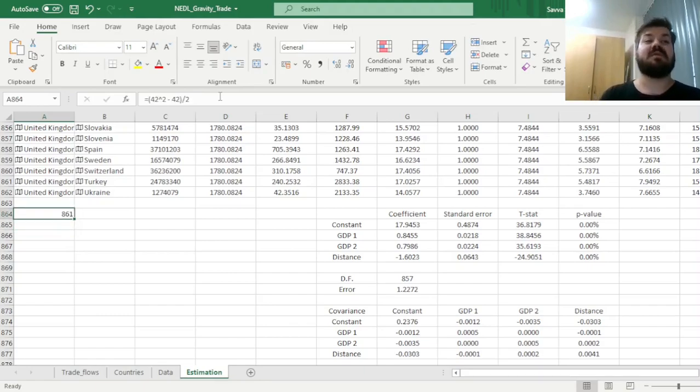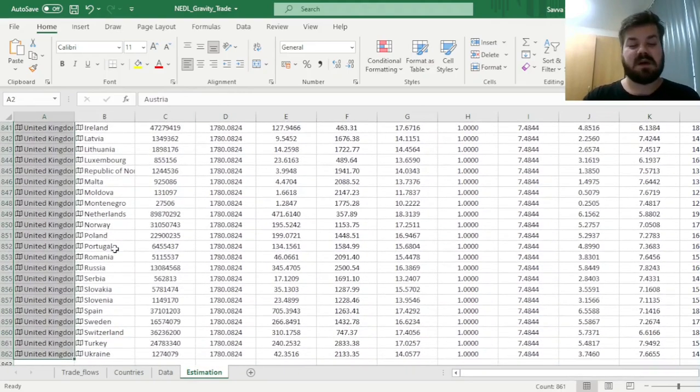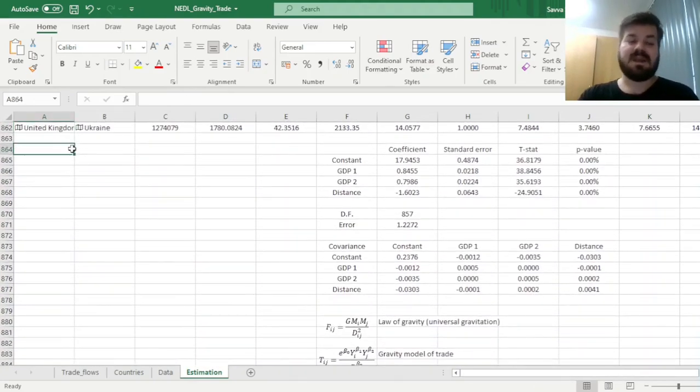That's the maximum number of observations we could have got, and we have got exactly 861 of them, meaning that our sample is the largest possible. We had no pair of countries that do not trade between each other, as I mentioned beforehand.